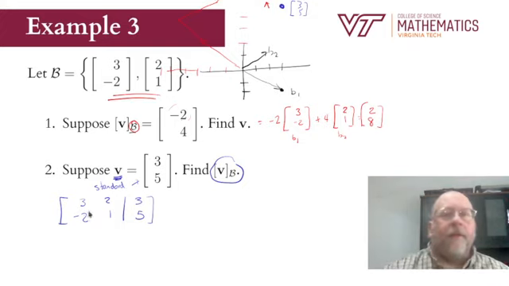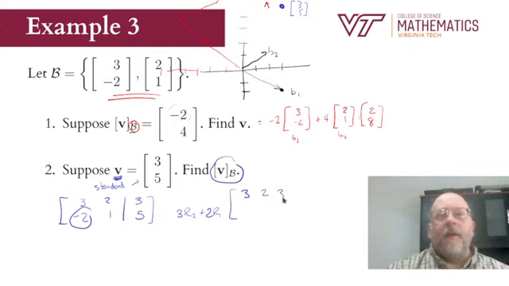All right. Well, first thing we have to do is get rid of that negative 2. So we're going to use a 6 to cancel. This is going to be 3 times row 2 plus 2 times row 1. So let's see. 6 and -6 are 0. 3 and 4 is 7.